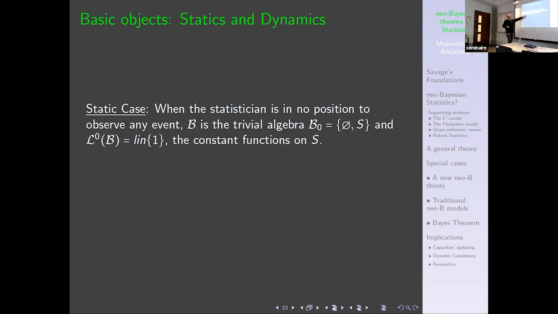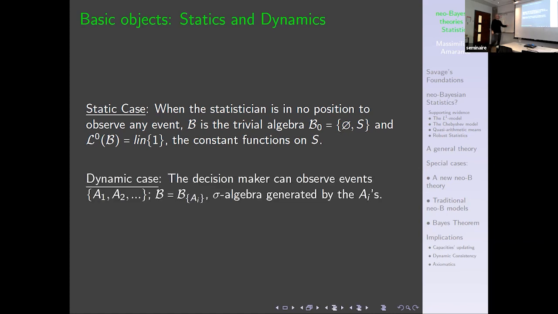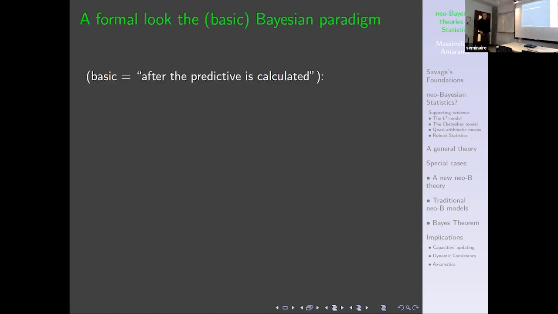The measurable functions on an algebra like this are only the constants, evidently. So these are the only functions that I understand. And instead, in dynamic cases, I have some observations available to me. And so I will denote by this the sigma algebra generated by these events.